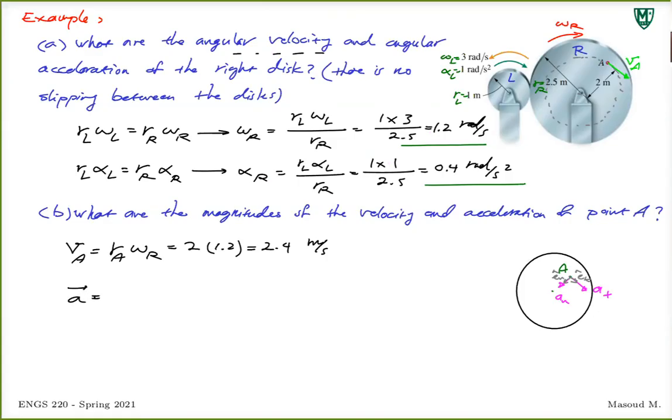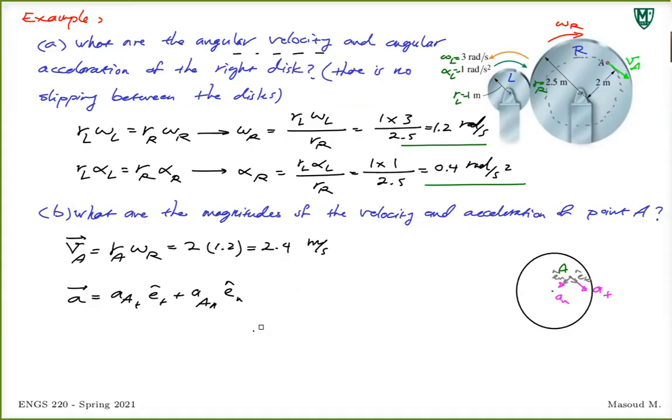Acceleration as a vector, all of these are vectors, I write it this way: acceleration of point A is a tangential et plus a normal en. Whatever is the acceleration in the tangential direction times et, whatever is the acceleration in the normal direction times en, in this tangent normal coordinate system.